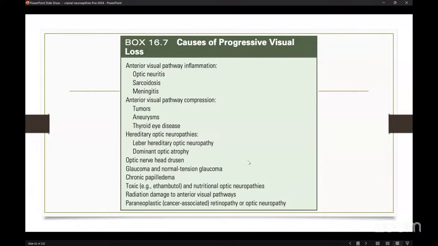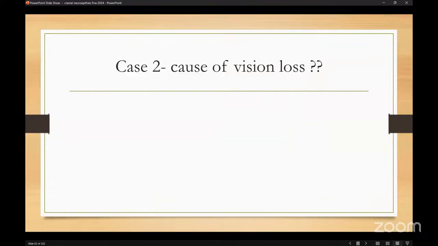One more thing to remember is whether it is papilledema or optic neuritis. Papilledema usually doesn't cause vision loss immediately. If you have vision loss at the onset, it is less likely to be papilledema, that is raised ICT. It could be because of optic neuritis.